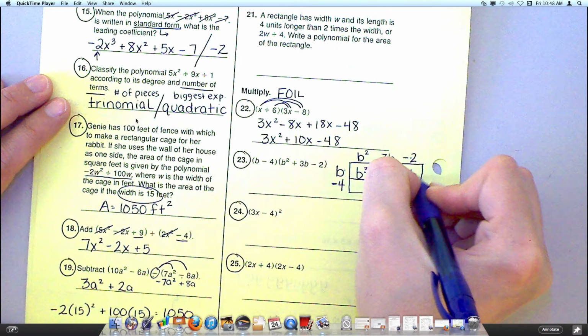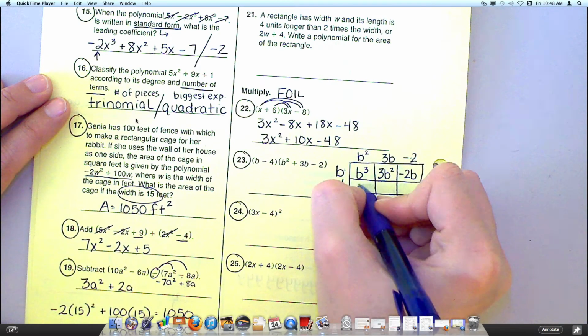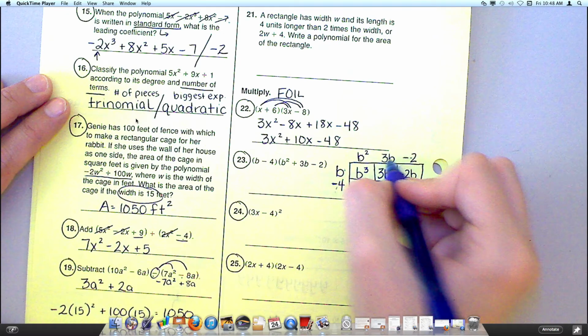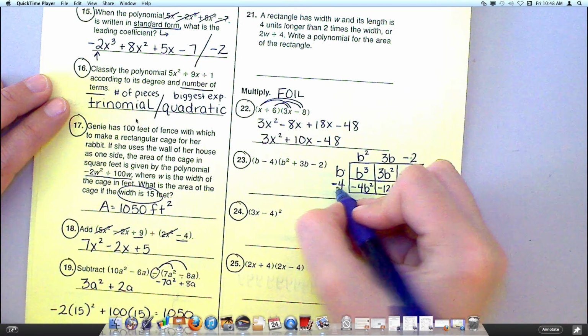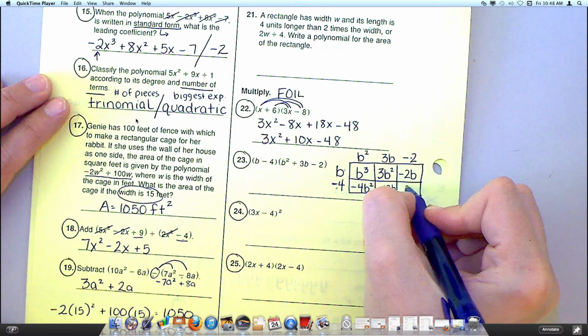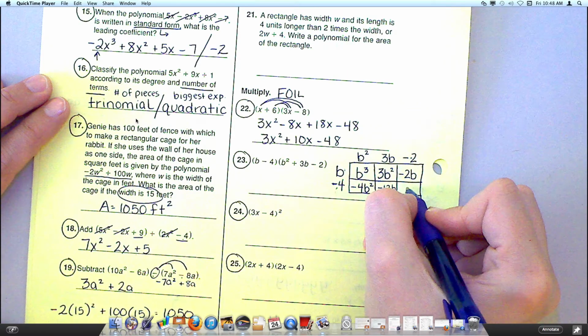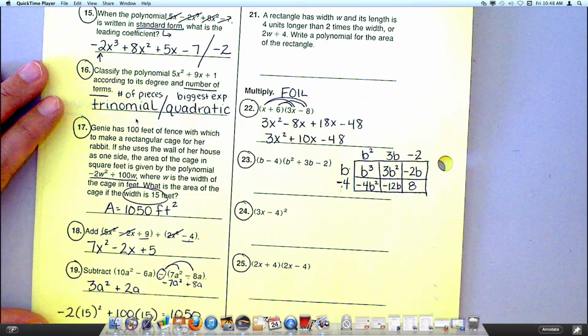Yeah? Negative 4 times b squared would be negative 4b squared. Negative 4 times 3b is negative 12b. And negative 4 times negative 2 is 8. Good.